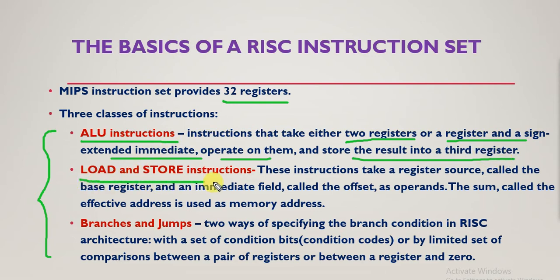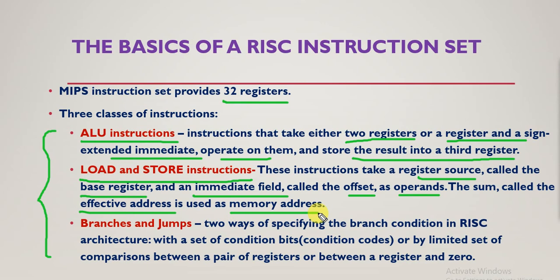Then there are load and store instructions. As I mentioned before, they take a register source called the base register, and then an immediate value called the offset, taken as the operand. The base register is added with the offset to form the effective address used for a particular memory reference.